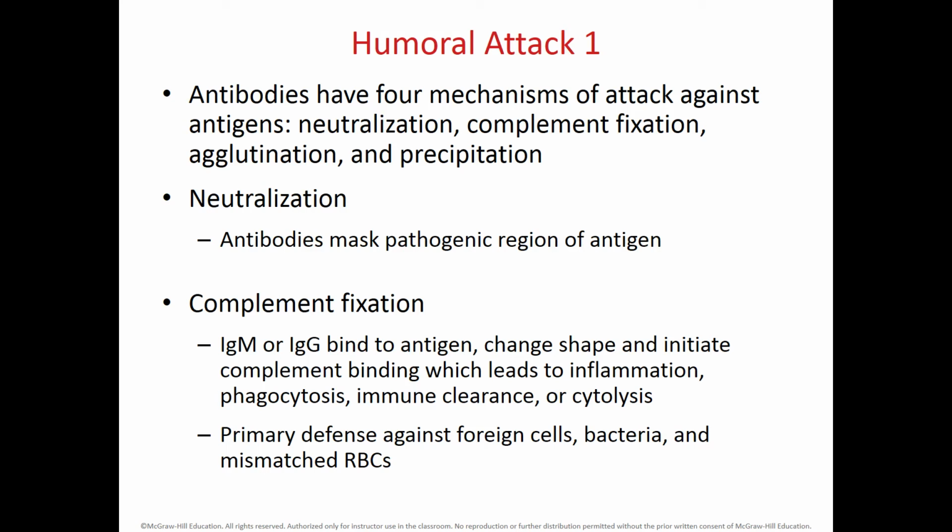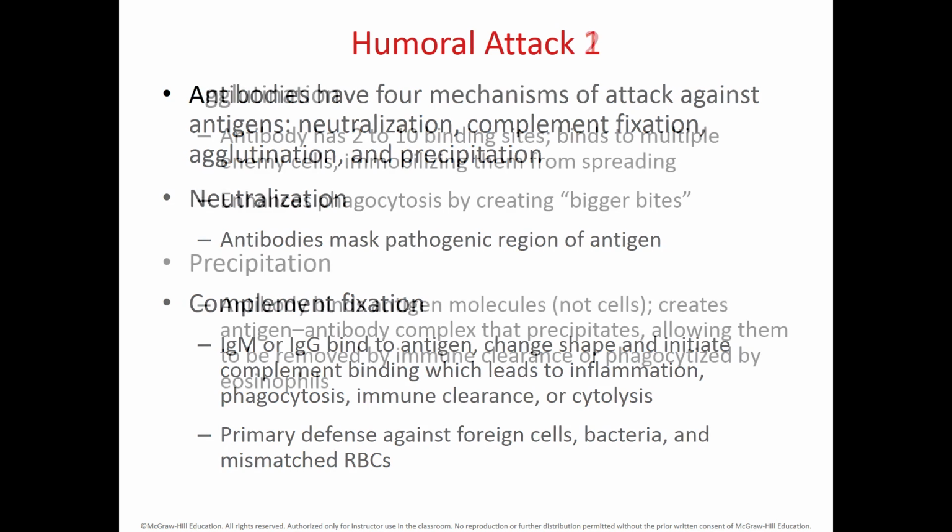And then you can help in what we call the complement fixation, in which IgM or IgG can bind to the antigen, change shape, and initiate the binding of the several proteins of the complement system, and this will activate inflammation, phagocytosis, immunological clearance, and then cytolysis. And complement fixation will be important for detecting foreign cells, bacteria, and mismatched red blood cells.